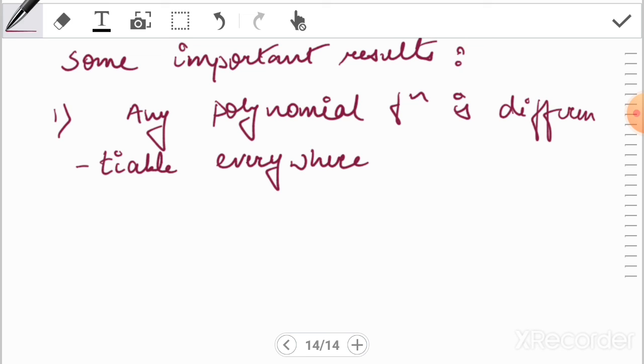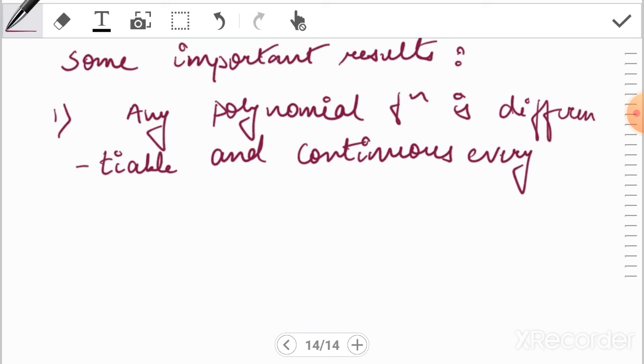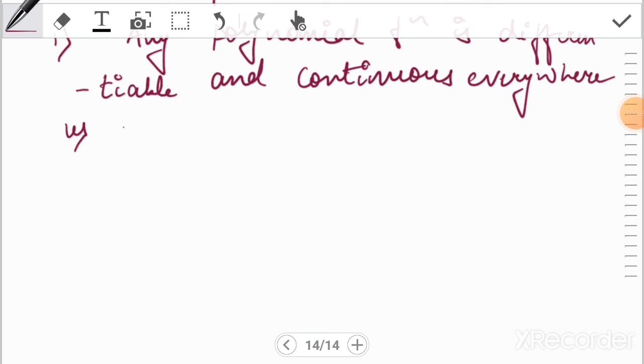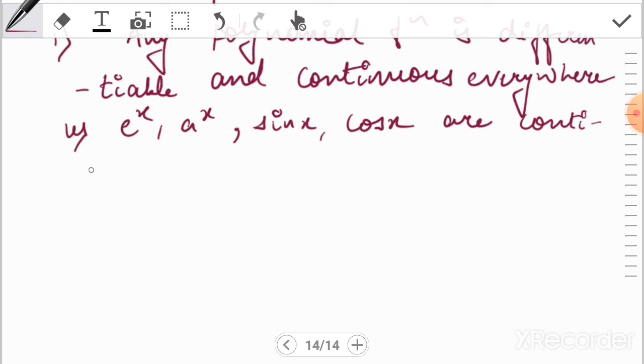Exponential functions like e^x, a^x, etc., sin x as well as cos x are also continuous and differentiable everywhere.